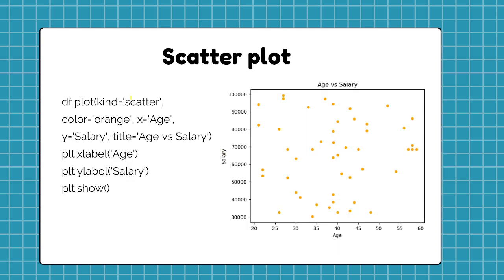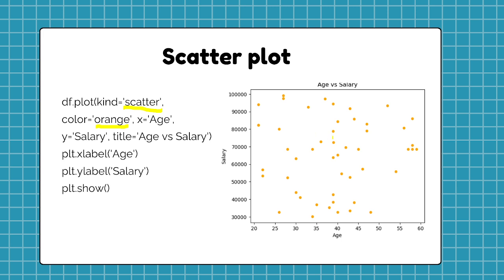In terms of the coding, we have to replace the kind with scatter. In this kind, replace it in the previous coding for your histogram, or it can be the bar graph. Replace it with scatter for the scatter plot, and then you can include the color.